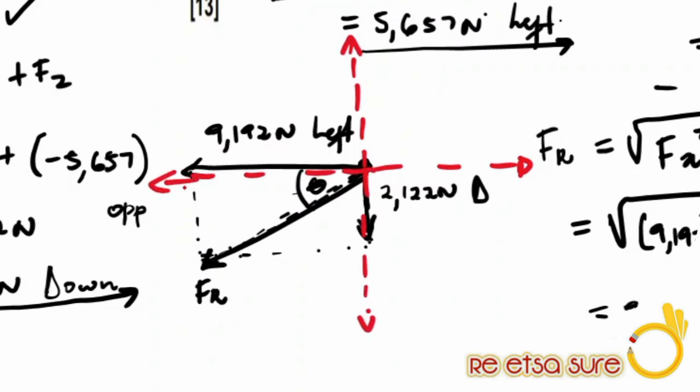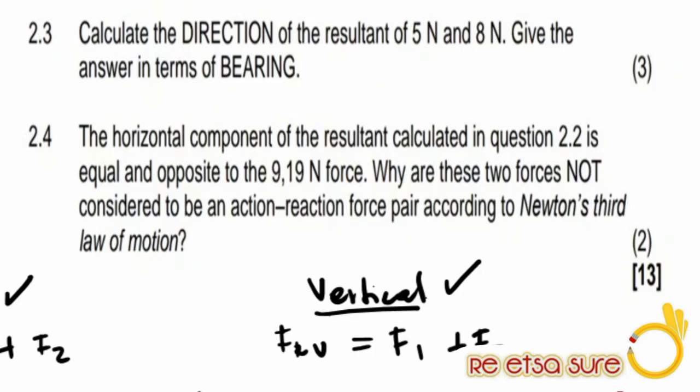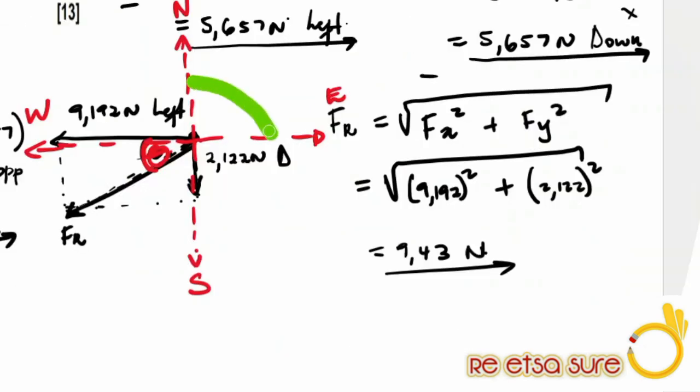This is our north, this is our south, this is our east, and then this is our west. This is the angle now that I'm going to look for. But the question says that we need to give our answer in terms of bearing. So in terms of bearing, we must be measuring our angle from north to this side.